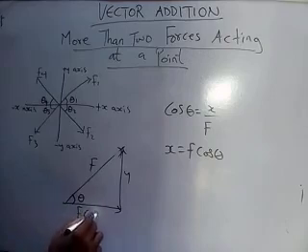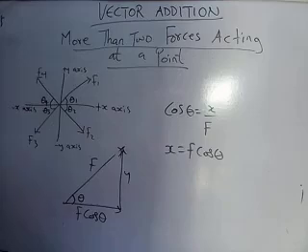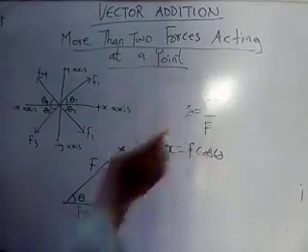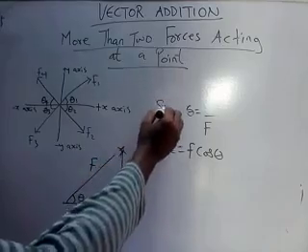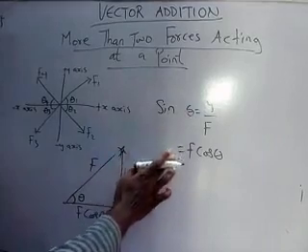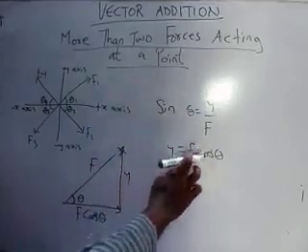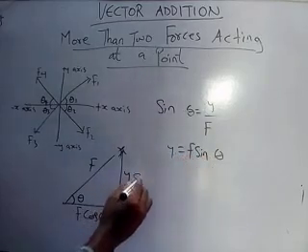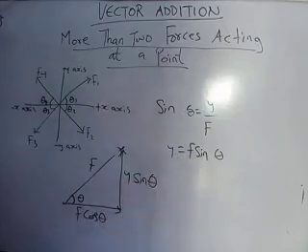For the vertical component of the force, we use sine. Sine theta is opposite, so Y equals F sine theta. The value of force acting vertically upwards is Y, and horizontal is F cos theta.